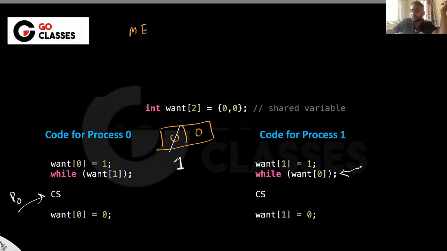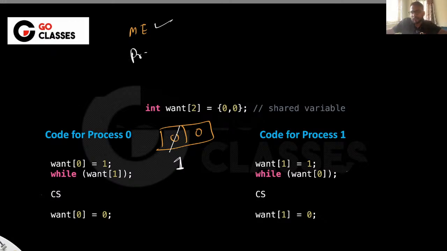Second, if two processes want to enter at the same time, at most one should be allowed. Suppose want 0 equals 1 and want 1 equals 1, then both will get stuck. That's perfectly fine, because mutual exclusion does not say that one must always be allowed. That's why mutual exclusion is satisfied.